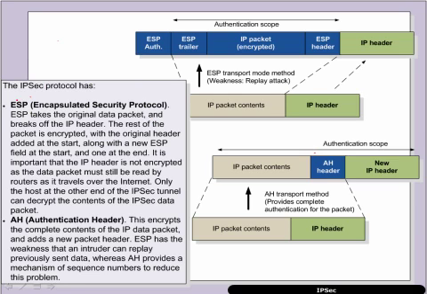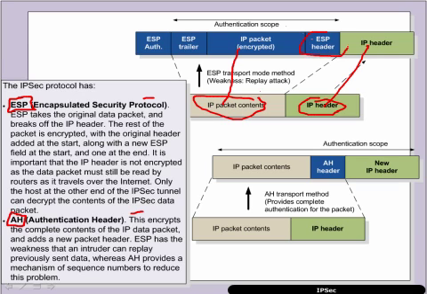IPSec uses an encrypted packet format called the Encapsulated Security Protocol, and it can also add on an authentication header to reduce the possibility of playback. This keeps the packet secret, and this stops playback. So basically what happens is that a data packet is taken, the header is kept, and the whole of the packet contents are then encrypted.